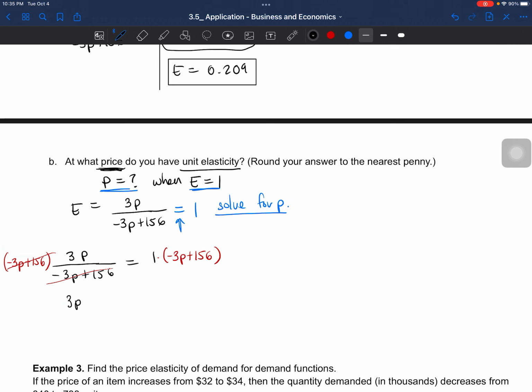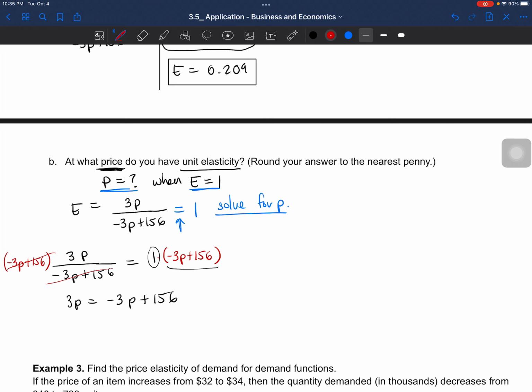By doing that, you're canceling those two, and now we have 3p times 1, which is the same thing, because anytime you multiply by 1, you get the same thing.